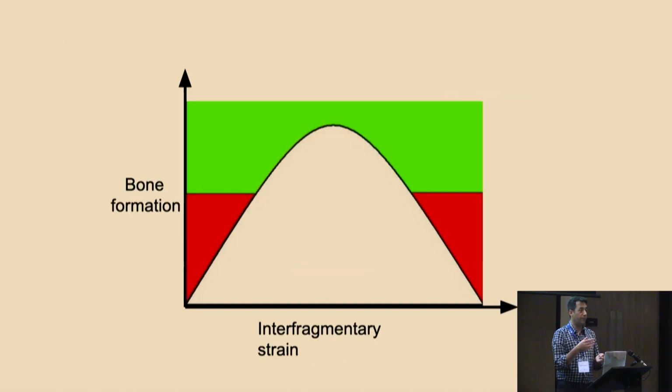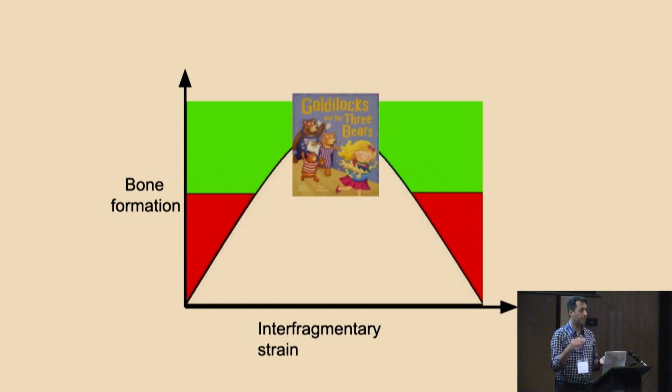So if we take this, and this is from the unified theory, the concept of a graph where we see bone healing on the vertical axis and strain on the other, you'll notice there are no units here because we don't really know the magic units. This is the zone, the Goldilocks zone, if you like, of where we're aiming for with our fracture fixations.